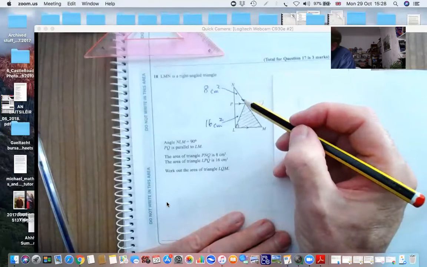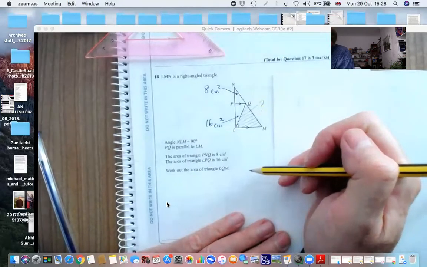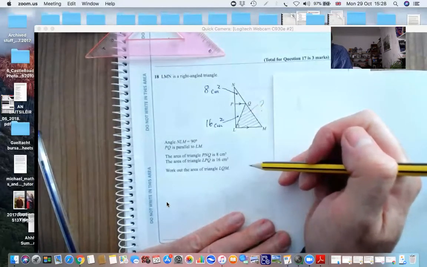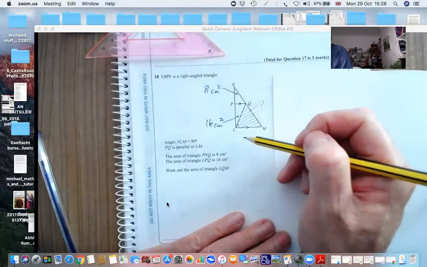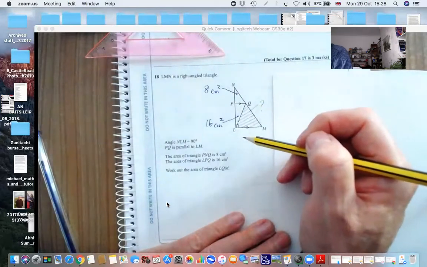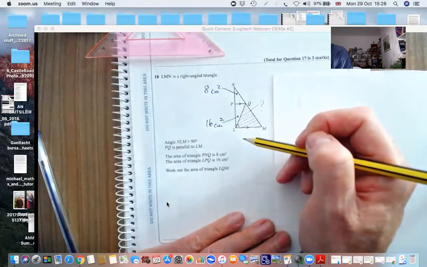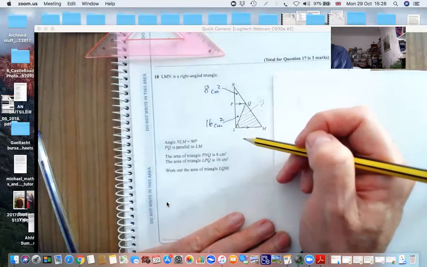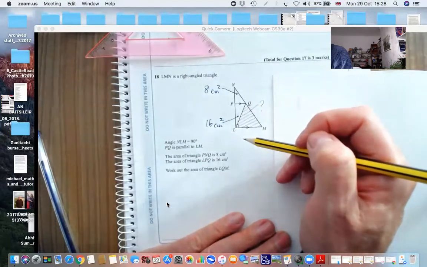So, okay, our first reaction might be to say, well, haven't a clue really at first, as is often the case in maths questions.